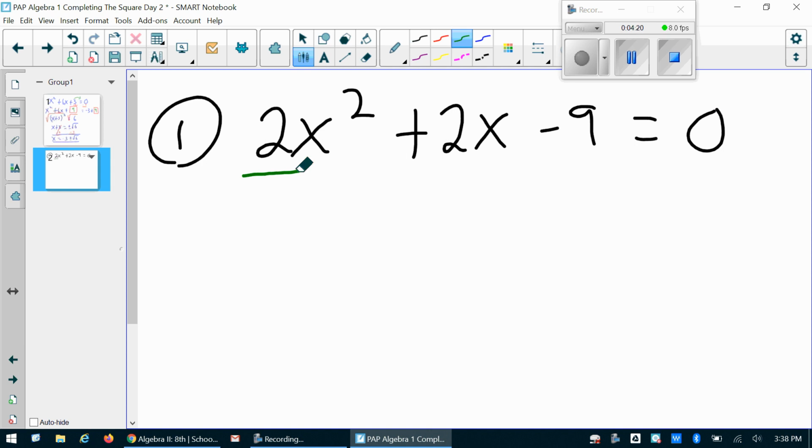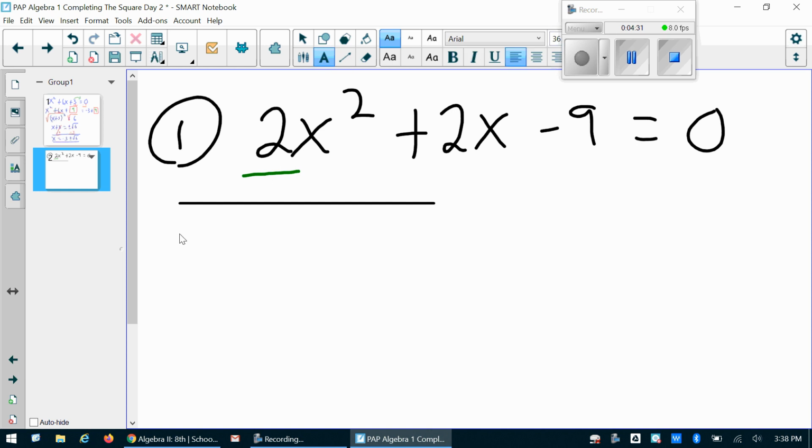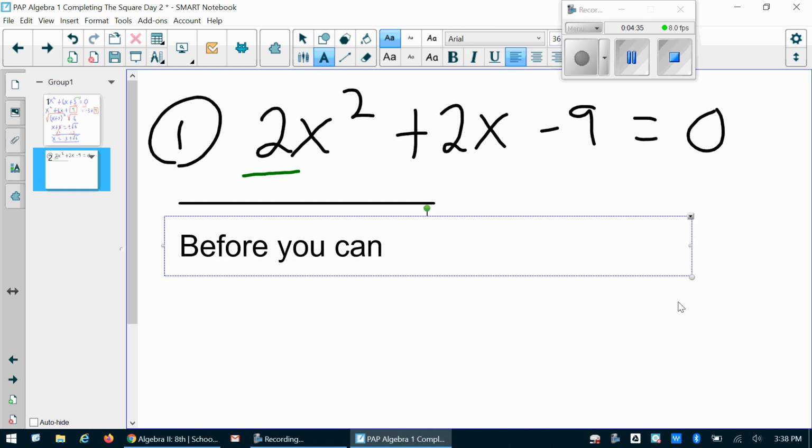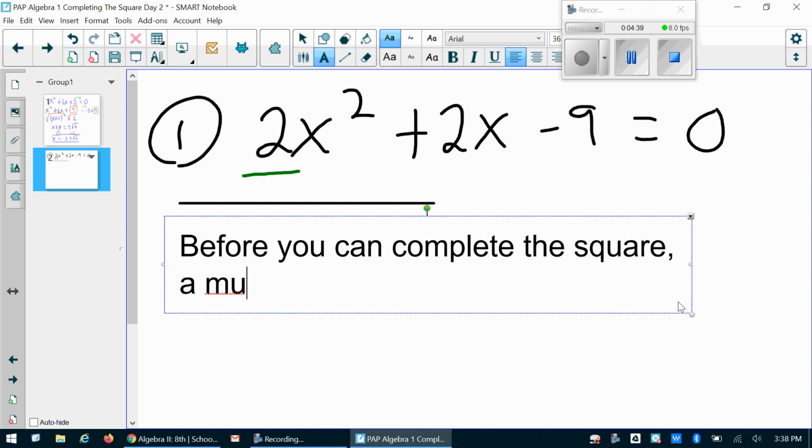Your general rule for completing the square is that before you can complete the square, a must be 1. Okay, that is a rule.